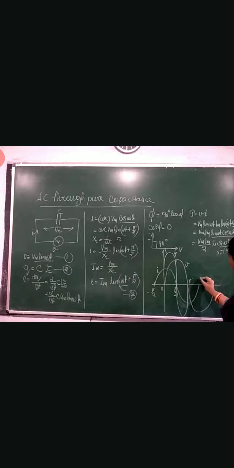Now within the time period of 180 degree to 270 degree, or pi to 3 pi by 2 radian, both current and voltage are negative, so power is positive. Clear?